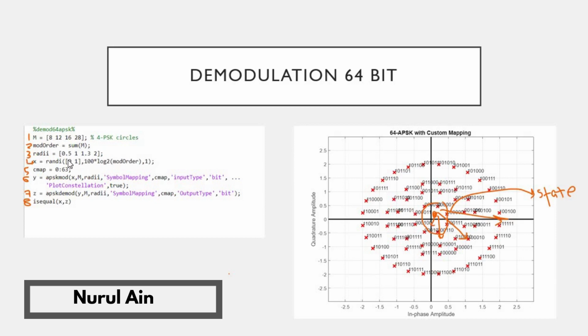The fourth line refers to the x-axis value to plot data. The fifth line creates a custom symbol mapping vector. The sixth line is to modulate data and plot the constellation. The seventh line is the demodulation of a received signal, and the last line is used to verify that the demodulated signal equals the original data.